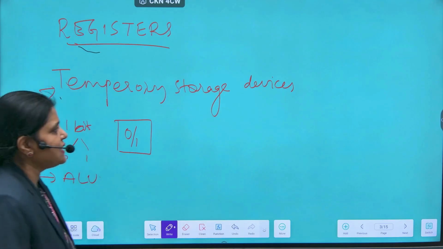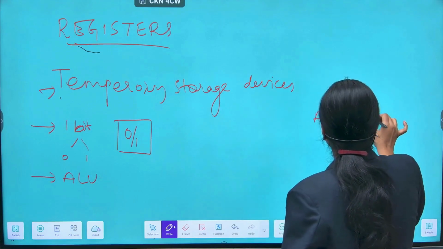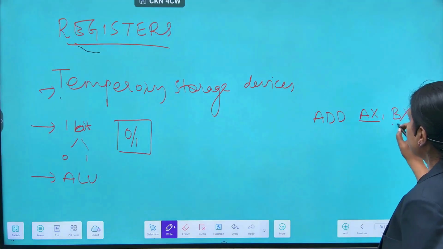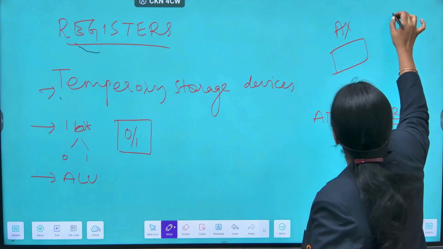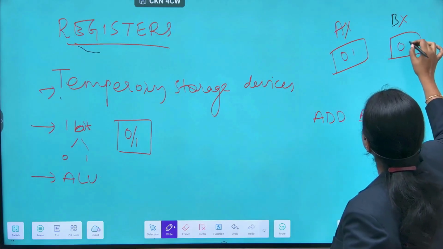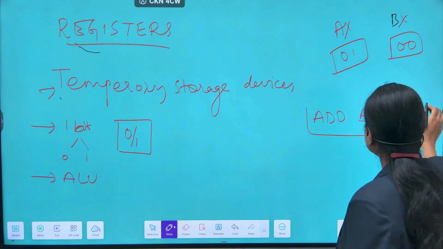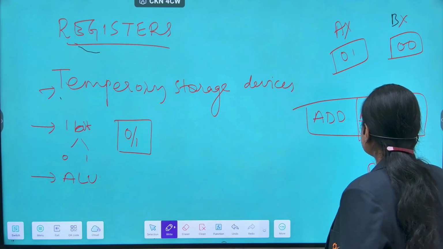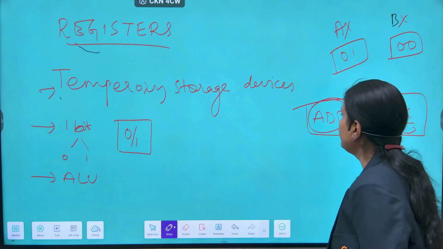In the ALU, suppose I give an instruction ADD AX, BX. Here AX is a register and BX is a register. Suppose AX holds 0 1 and BX holds 0 0. When we give this instruction, we are giving the operands in the form of registers, and this is the operation to be performed.